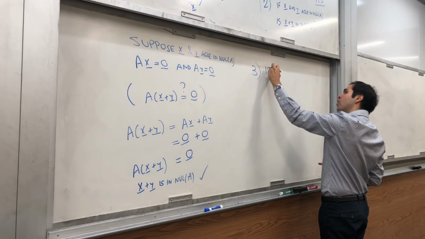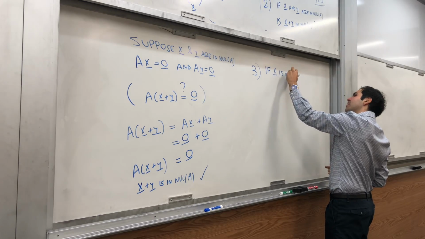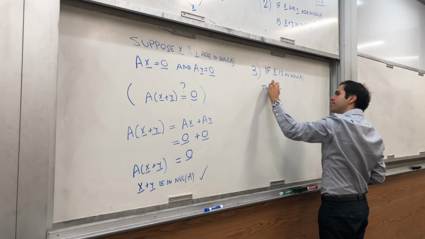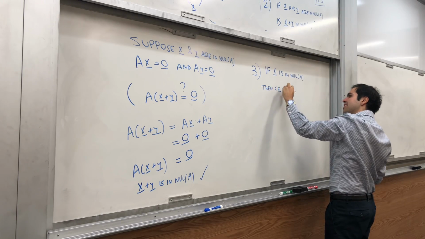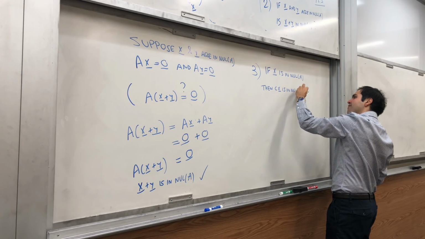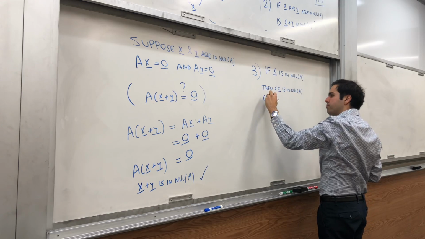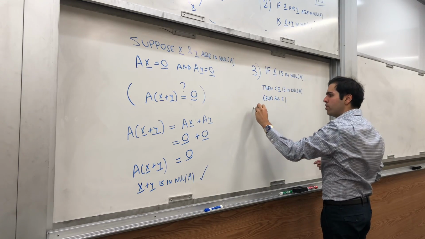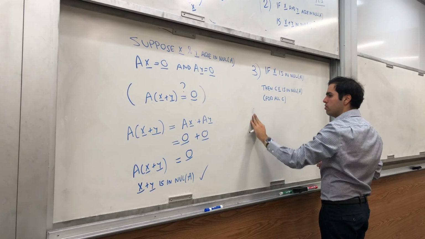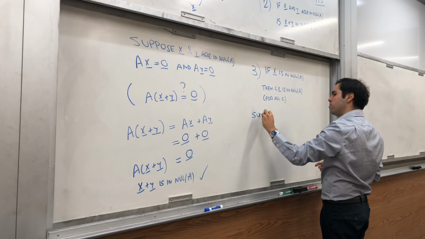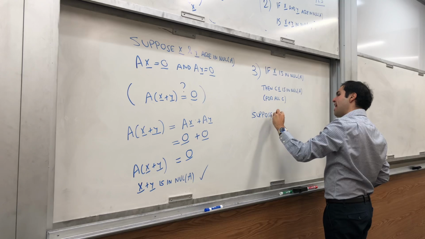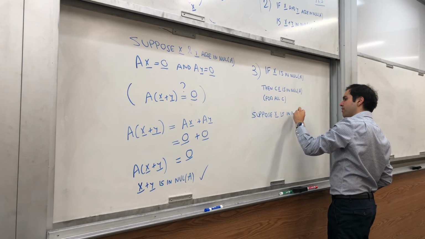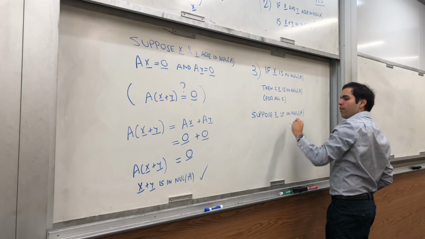Lastly, we need to show if x is in null of A, then Cx is in null of A for every C. In other words, suppose x is in null of A. What does that mean?